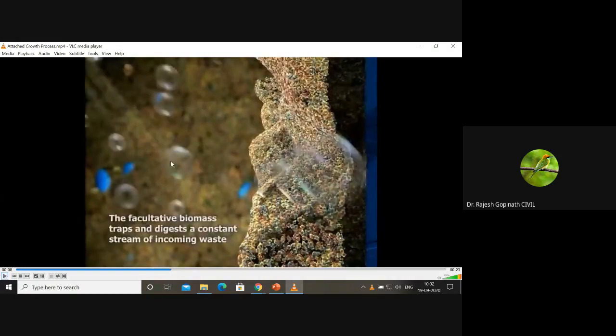Now, look at this. So this is your slimy layer. Let's say this blue line, what you see here, I hope all of you can follow me, this blue line is your surface, the inert media, maybe a rock, maybe a plastic. To this, the microorganisms have got attached.